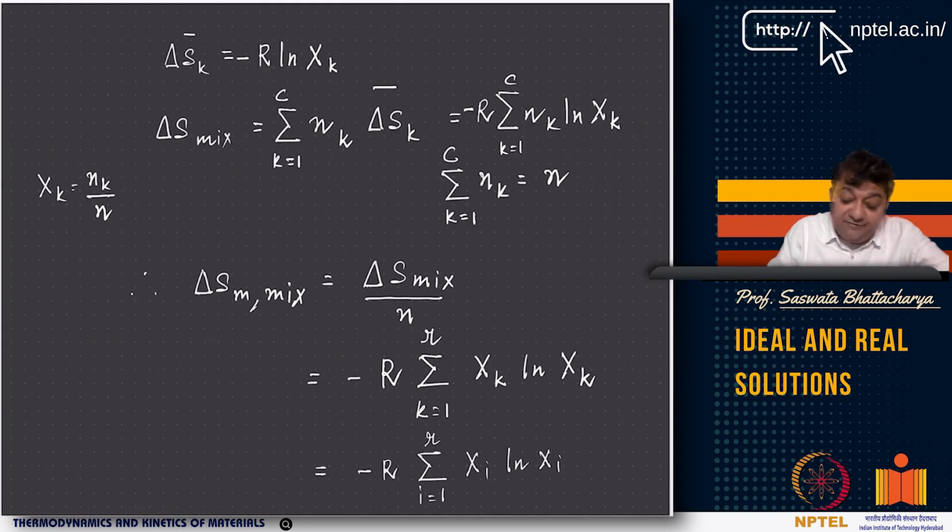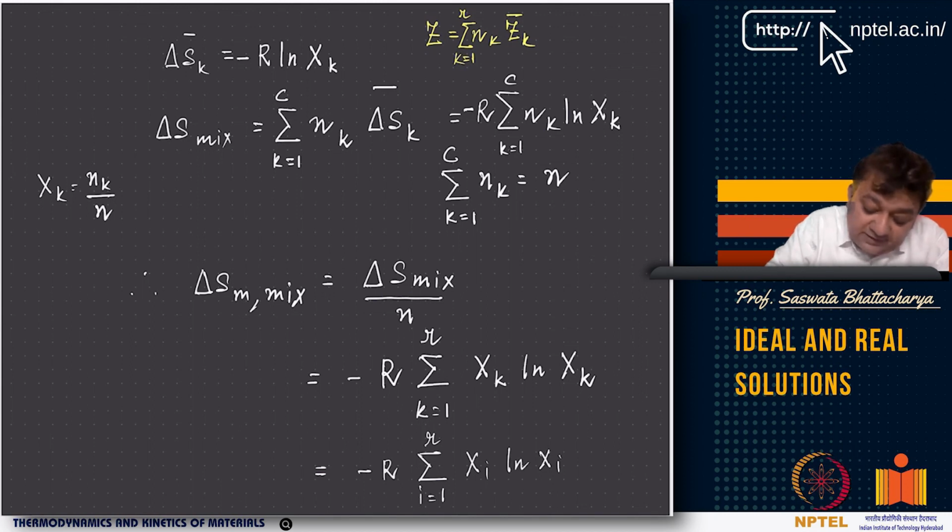Now it's a very interesting thing here that you get delta SK bar for this ideal mixing equal to minus R ln xk. Now delta S mix is nothing but, as you know, any extensive property Z equals the summation over K equals 1 to C of NK ZK bar, where C is the number of components.